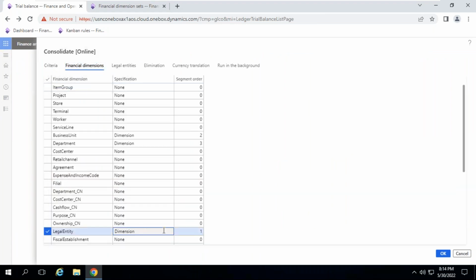No, here, company accounts. Let me map like this.